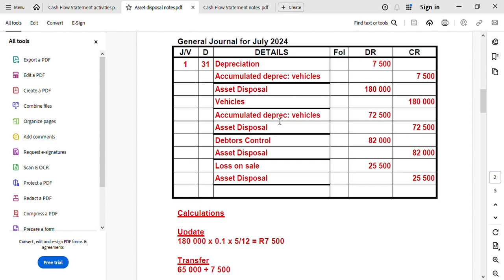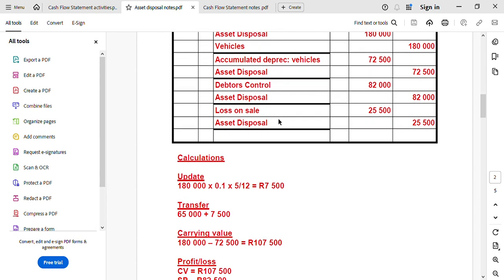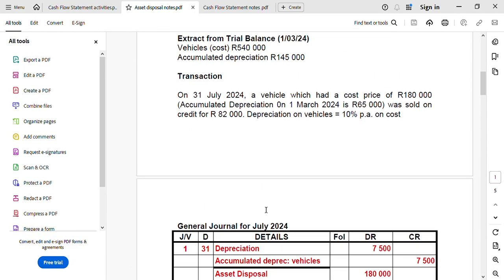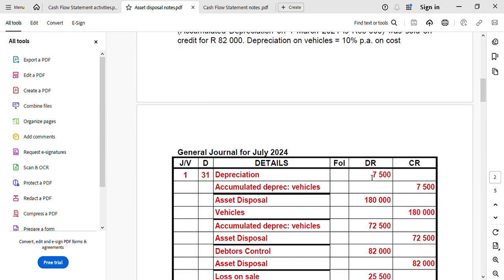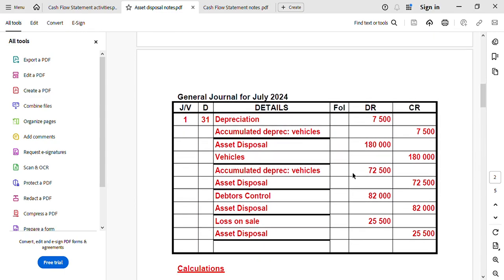Now remember, the amount you transfer here will be the balance of the accumulated depreciation plus the update. If you look back here, the balance of the accumulated depreciation was 65,000, the update was 7,500, so you're going to transfer 72,500. So you debit accumulated depreciation to decrease it and credit asset disposal.